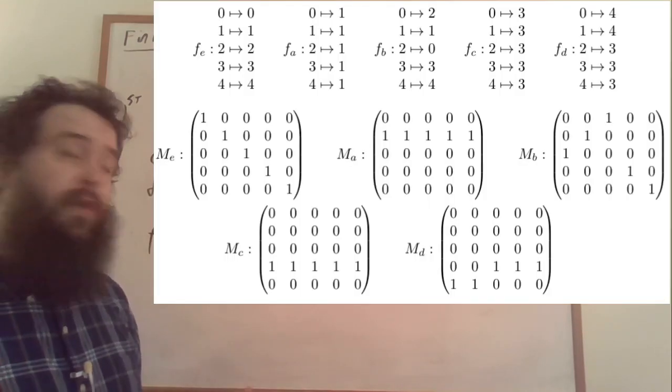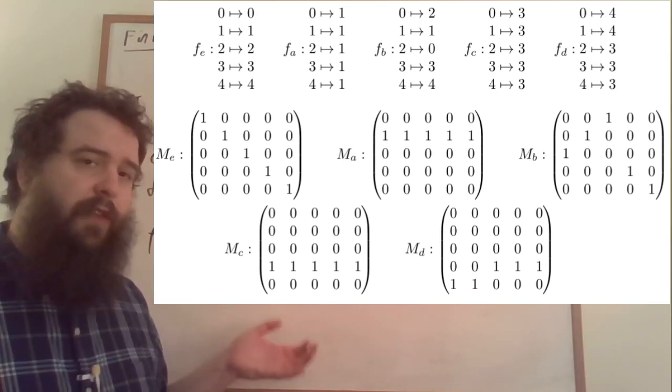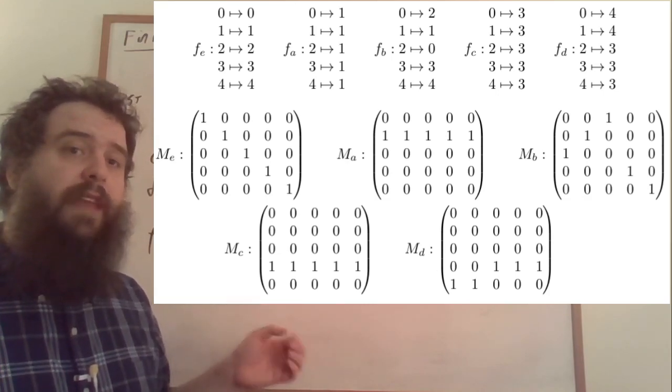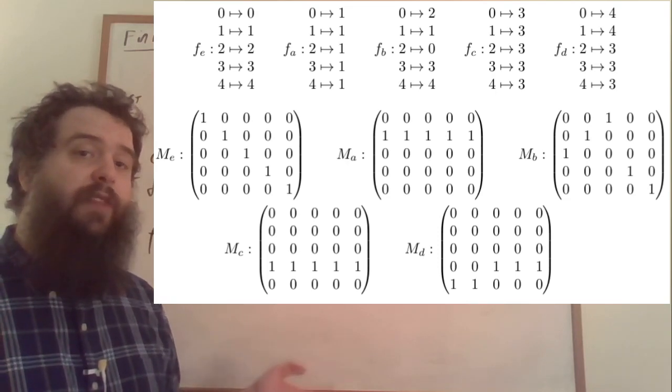So again, we can do that, and we get matrices. These aren't permutation matrices necessarily, but these matrices are all zeros and ones, and they have exactly one 1 in each column. And again, we have some sort of isomorphism.